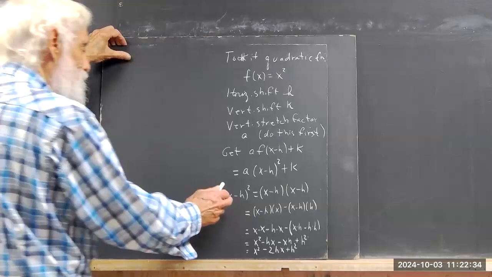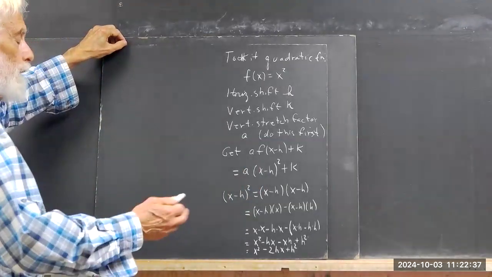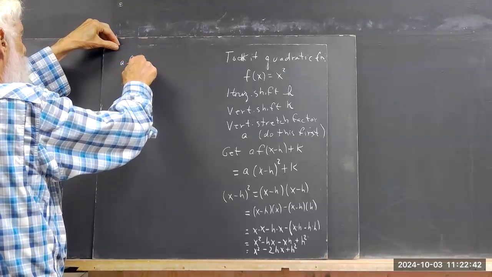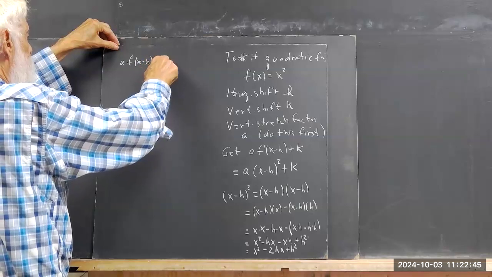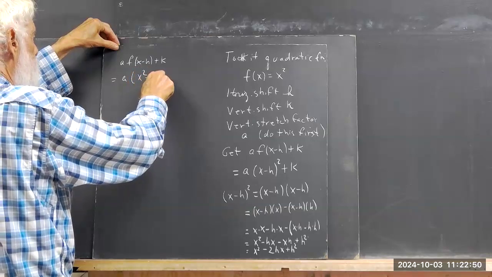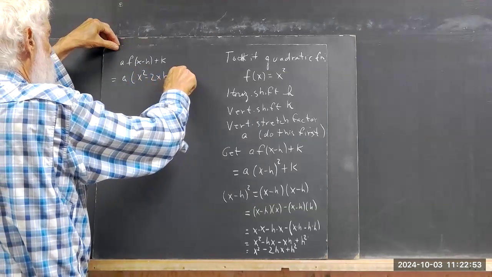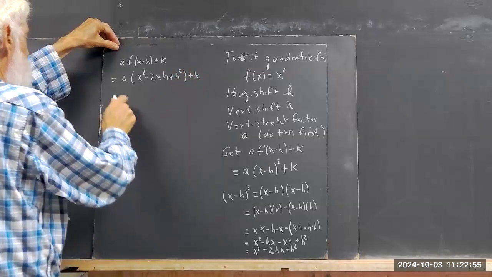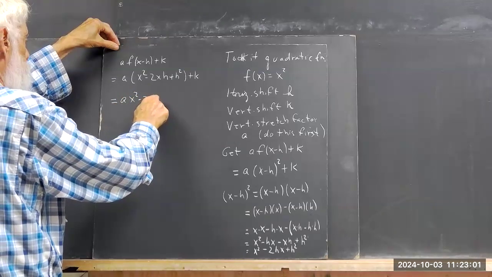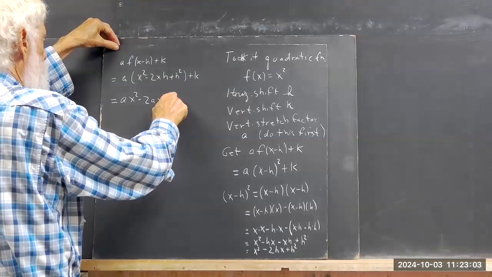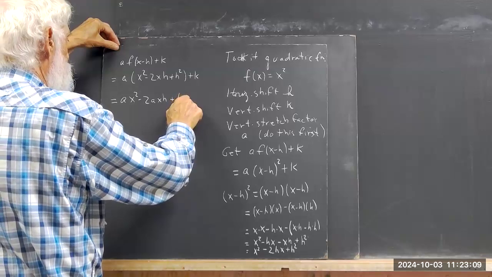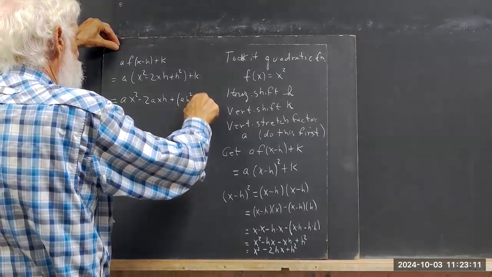So, understanding that that's what x minus h quantity squared is, we find then that a f of x minus h plus k equals a times quantity x squared minus 2xh plus h squared plus k, which is just then a x squared minus 2axh plus, and I'm going to put these last two terms in parentheses, a times h squared plus k.